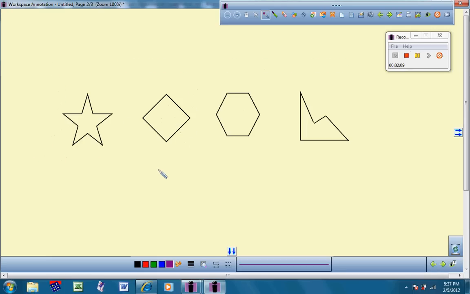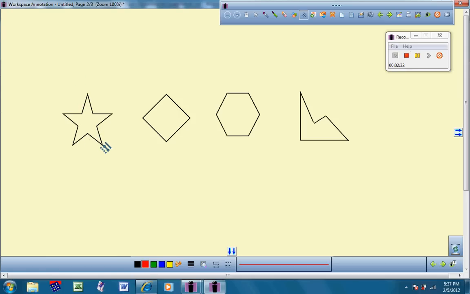Alright, next you need to decide if polygons are convex or concave. Remember, if a polygon is concave, then when we extend all of the sides of the polygon, not one of them will go inside. If we extend a side and it does go inside the polygon, then it is considered to be concave. So let's take a look at our star.